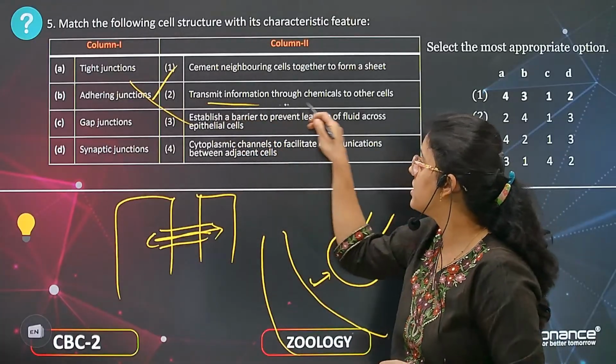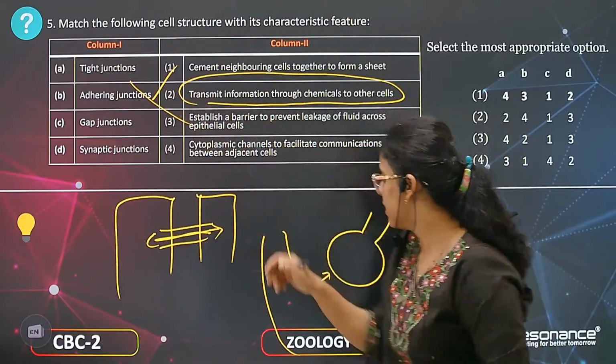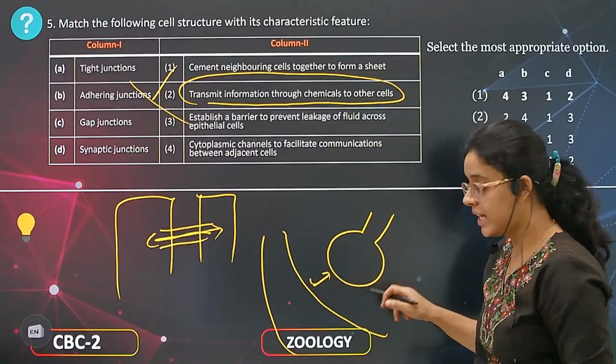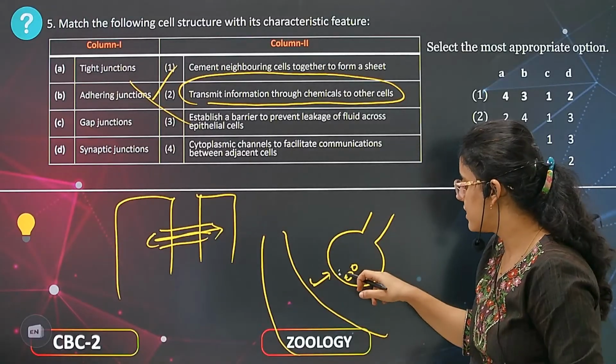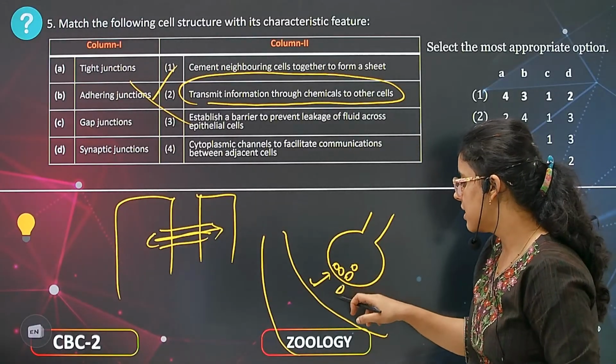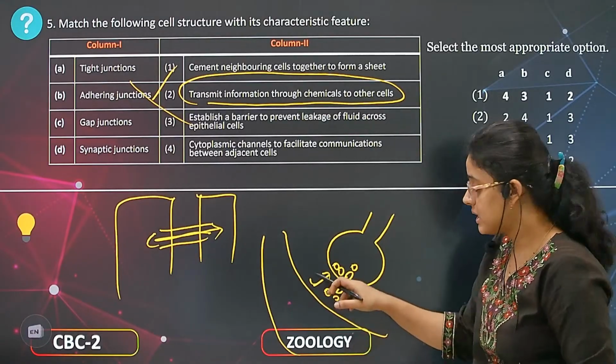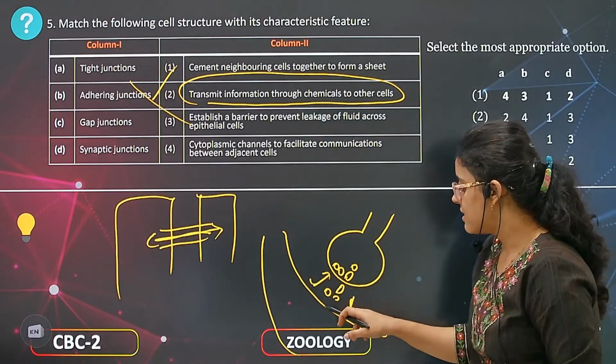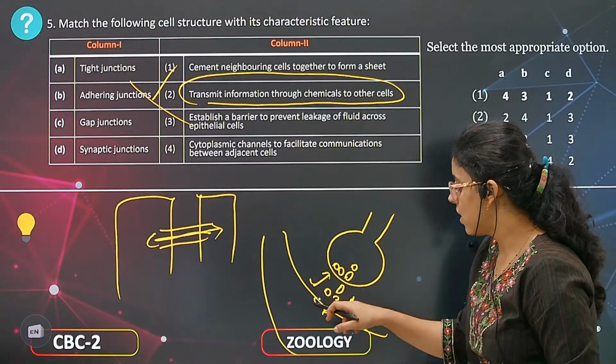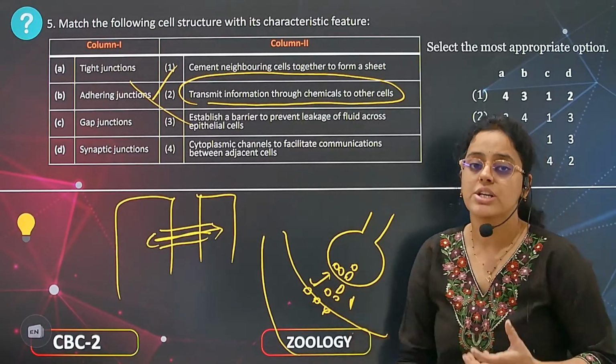Transmit information through chemicals to other cells. As I have told you, axon nerve endings have chemicals, acetylcholine. They release it into the synaptic space. As a result, the acetylcholine binds with the muscle and causes stimulation.